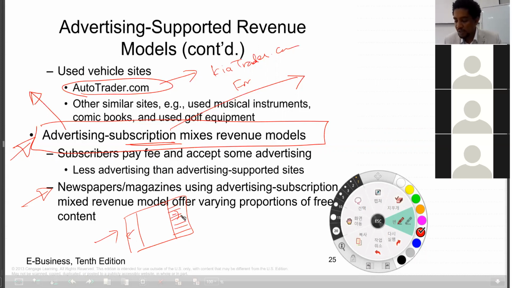Okay, so this newspaper business can get income from advertising here and also from subscription. Okay, so I mean from those customers who have subscribed for their website. Okay, so that's a mix of advertising and also subscription.